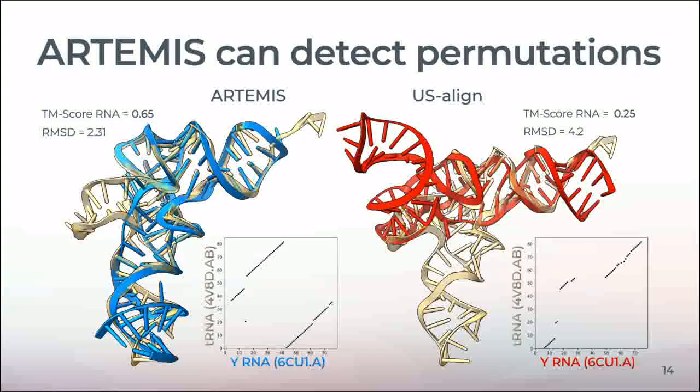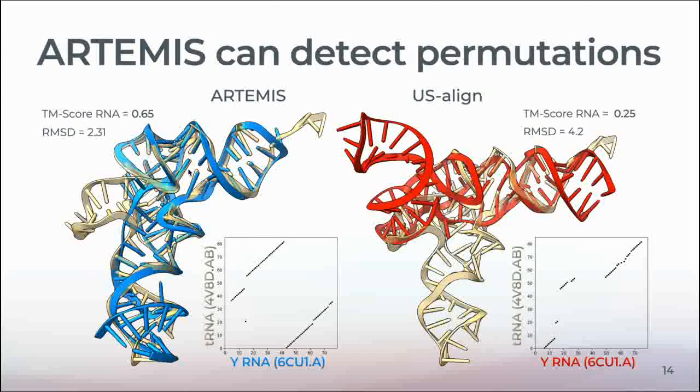The second example is a yRNA chain and a tRNA chain. It is known that yRNA mimics tRNA, and even in this pair, ARTEMIS easily finds global structural similarity.